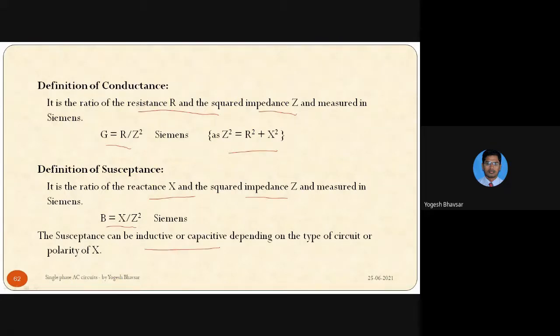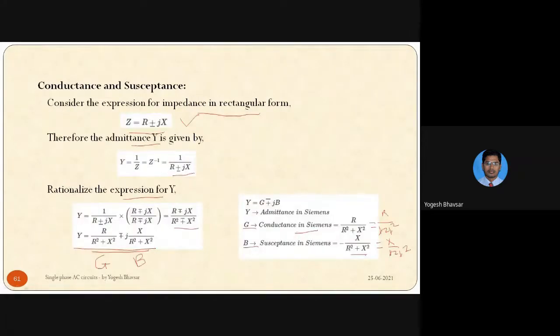Now what about the polarity? The susceptance can be inductive or capacitive depending on the type of circuit and the polarity of X. For impedance Z, R plus or minus JX, minus X is for capacitive reactance and plus for inductive. Here it will be opposite.